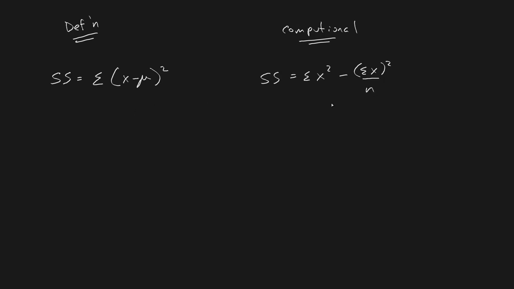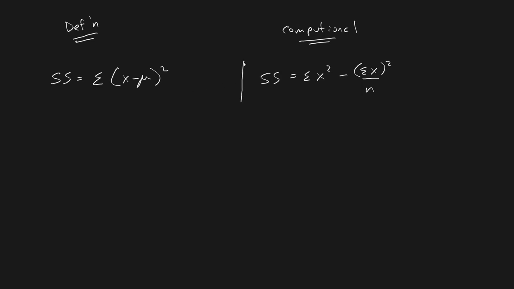These two formulas will always produce the same result. If you are more comfortable with using one over the other, then go ahead, unless they specifically say use the computational formula, but I doubt they're going to do anything like that. You can use whichever one makes you more comfortable. They both will always give the same answers regardless. It makes no difference which one you use.